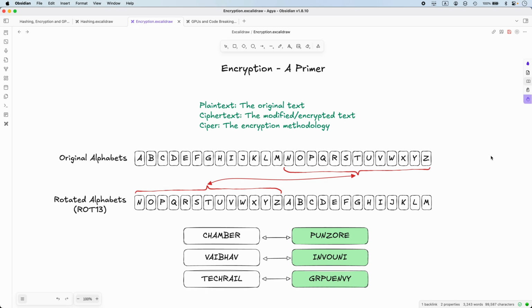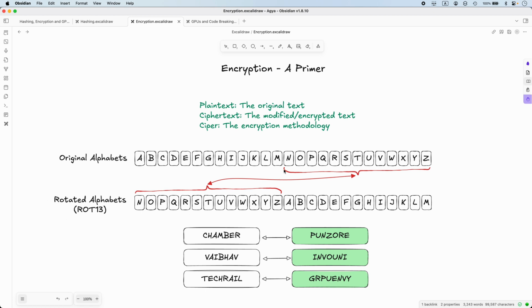With that, this is one of the most basic encryption mechanisms, and one I think has been used by, I guess, the Roman army in the past. Not sure. I think it is called ROT13 because it rotates the alphabet. So your alphabet goes A, B, C, D, E, F, G, H, I, J, K, L, M, N, O, P, Q, R, S, T, U, V, W, X, Y, Z. Now there are 26 characters, right?